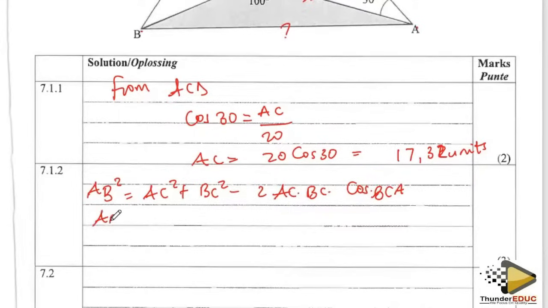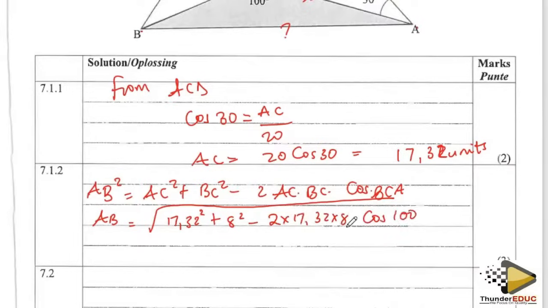Then my AB is going to be the square root. When I substitute, AC will be 17.32 squared plus 18 squared minus 2 times 17.32 times 18 cos 100. I'll put this into the calculator straight out. 20.30.